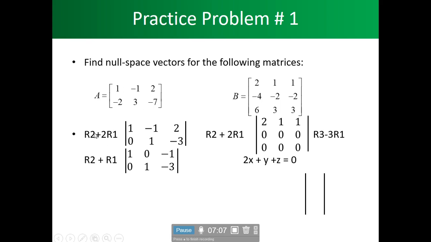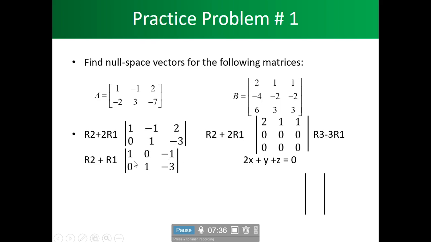Okay, so if we take row 1 and multiply it times 2, and then add it to row 2, we get 0, 1, minus 3. If we then take row 1 and row 2, add them together, this will go to 0, this will be 1, and this will be minus 1.